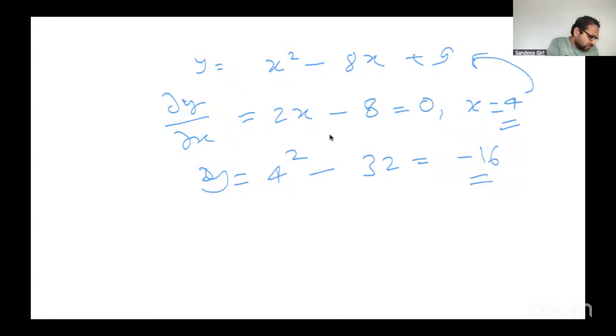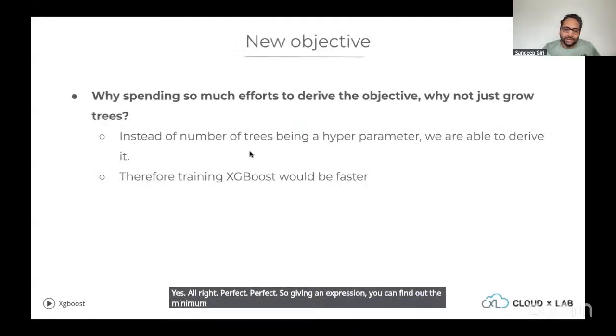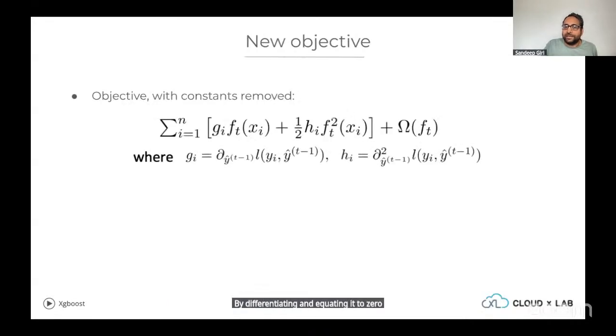Is that right? No. Oh, plus 9. Sorry, you're right. Plus 9. Thank you, Prince. All right, perfect. So given an expression, you can find out the minimum value by differentiating and equating it to 0 and then putting that value back.